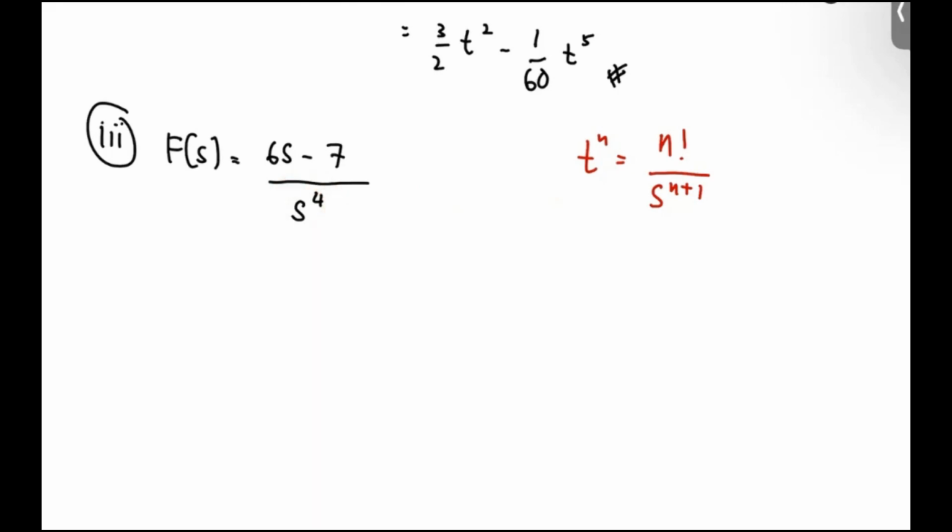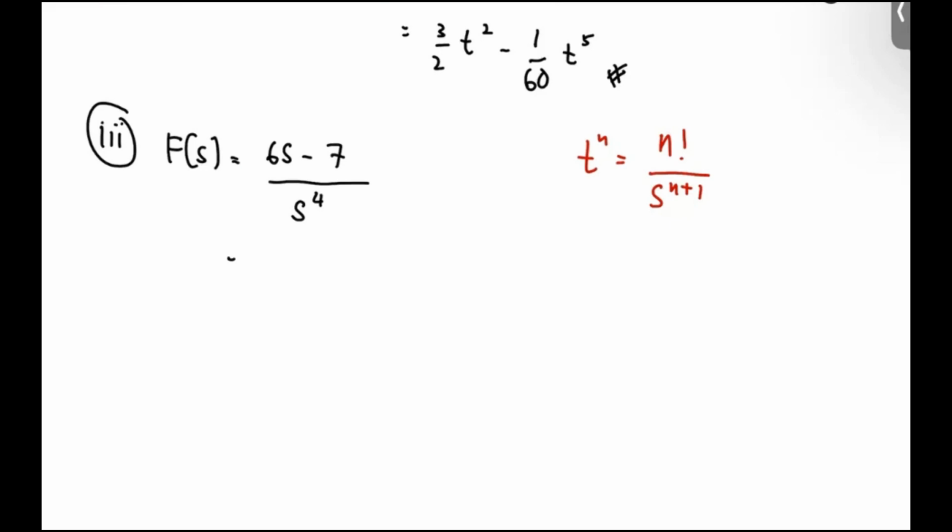Only this one is close to this one, because we have a denominator equal to s to the power of 4. So I suspect this one is about t to the power of n. So you need to modify this function, rearrange, so that you can rewrite it as this one. Okay, now let's try to rewrite this one.